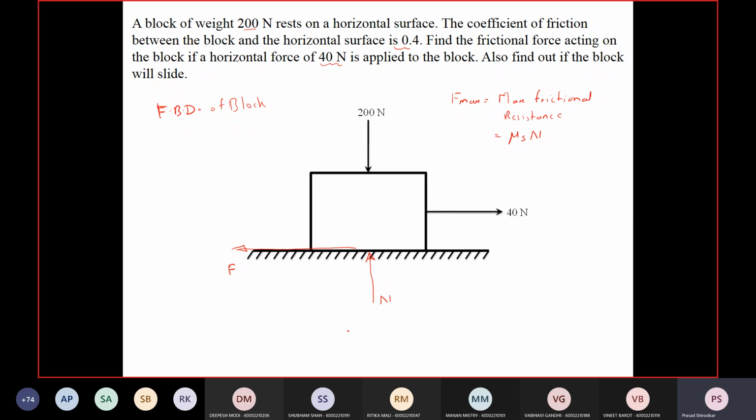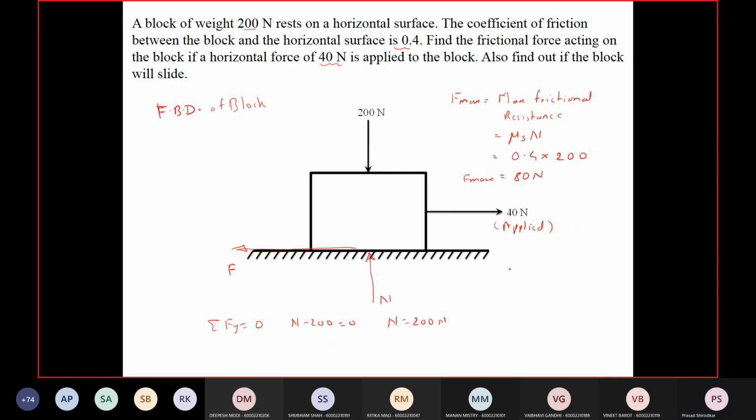So N you will get by summation Fy equal to 0. So N minus 200 equal to 0, so N is equal to 200 Newtons. Substitute in this equation: mu static is 0.4 and N is 200. So this will be 80 Newtons. The surface is offering a maximum frictional resistance of 80 Newtons, and this applied force is less than the F max value.